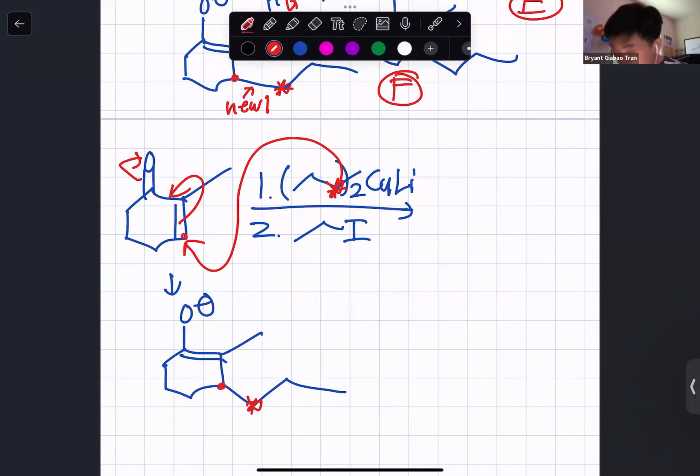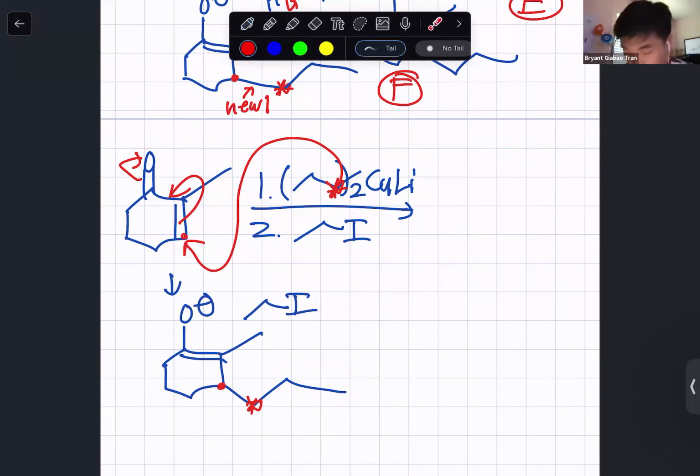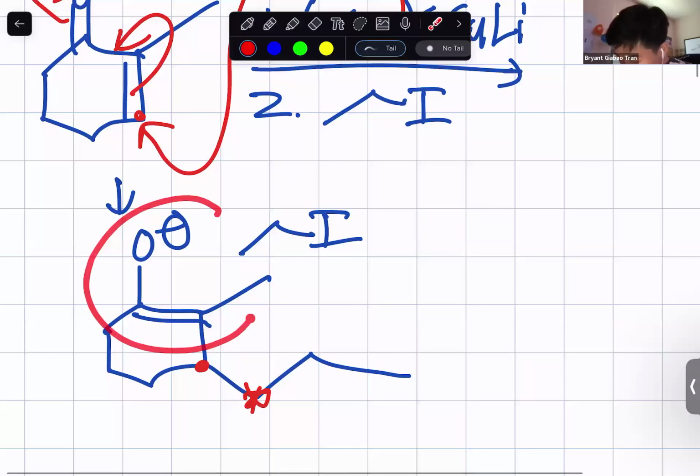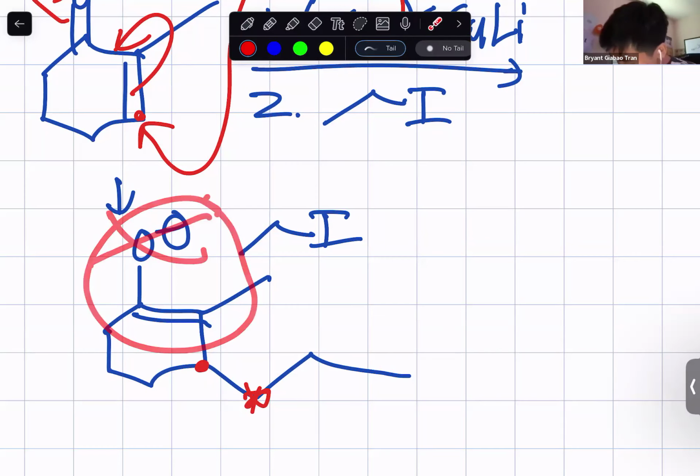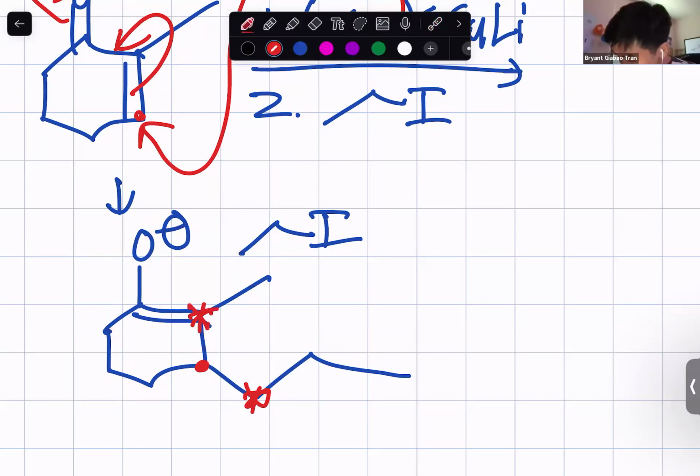Now, the second step is not an acid anymore. It's a haloalkane. So think of it the same way. This is an enolate ion right here. The more nucleophilic or the more basic atom is not the O minus. It's the alpha carbon. Because when we do resonance, the negative charge on the alpha carbon is less stable.